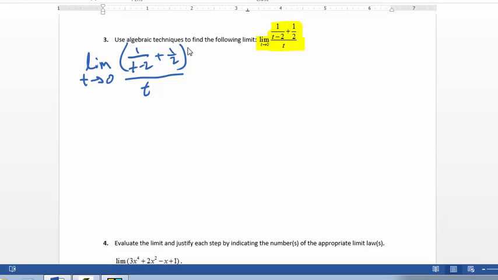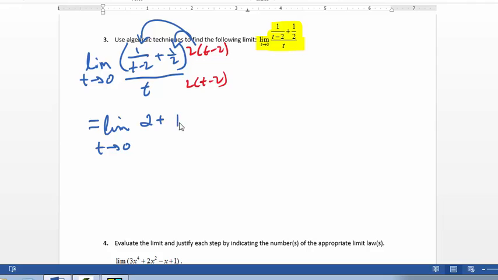So what you're going to do is you're going to multiply the top by 2 times (t - 2) and the bottom by 2 times (t - 2). Alright? So you're going to have the limit as t approaches 0 of what happens when you distribute here. Here the (t - 2)'s cancel, so you've got 2. And over here the 2's cancel, so you have t - 2.